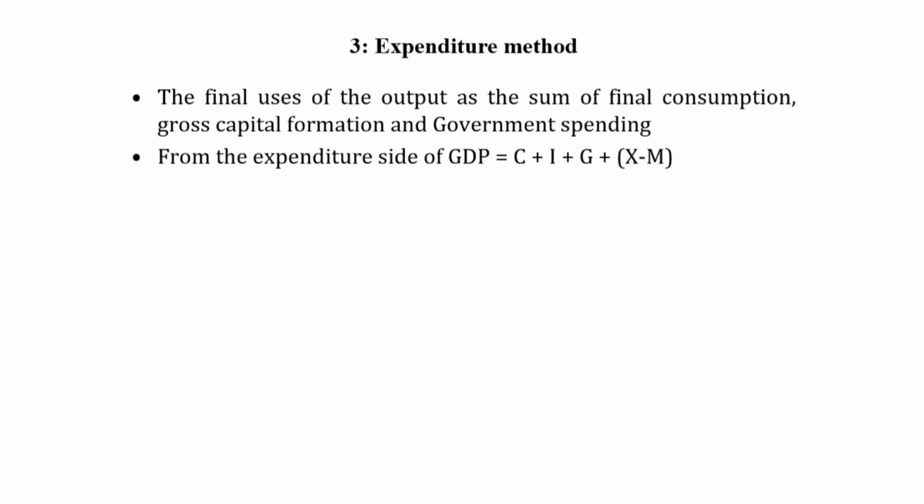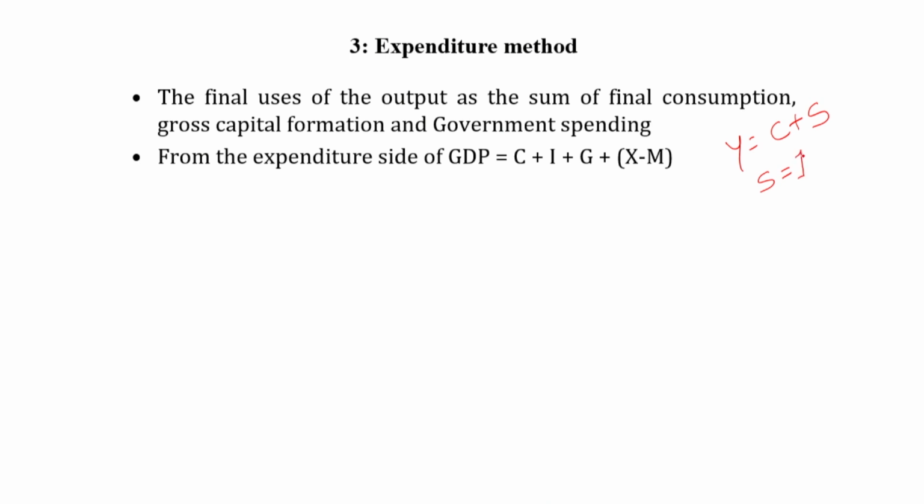You know that from the household perspective, your total income is equal to consumption plus saving. The saving is eventually invested in the financial institutions, and they will be giving it as loans and advances to the firms.